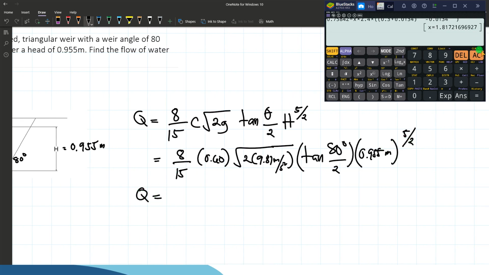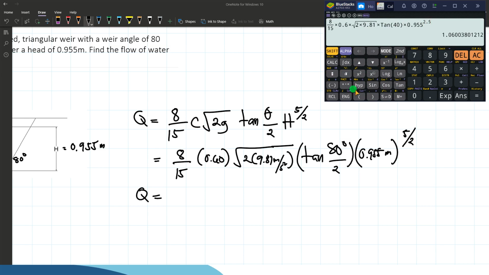So Q is equal to, 80 over 2 is 40, multiplied by 0.955 raised to 5 halves. 5 halves is 2.5.